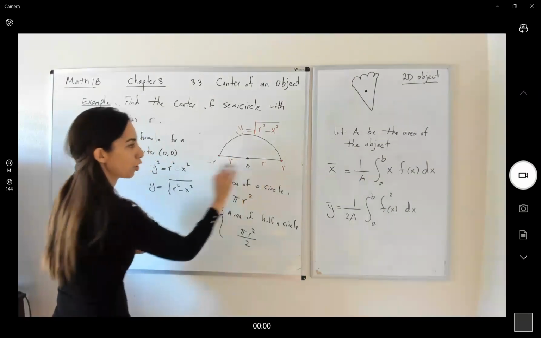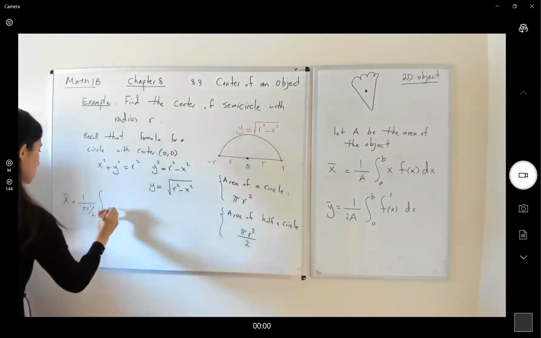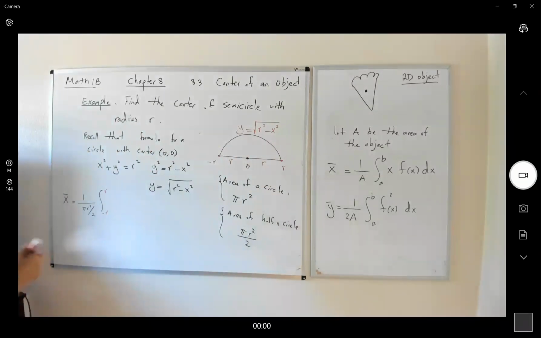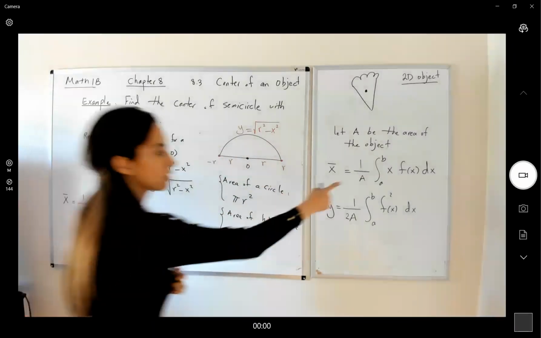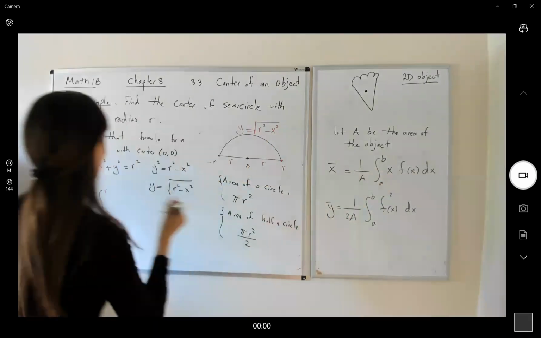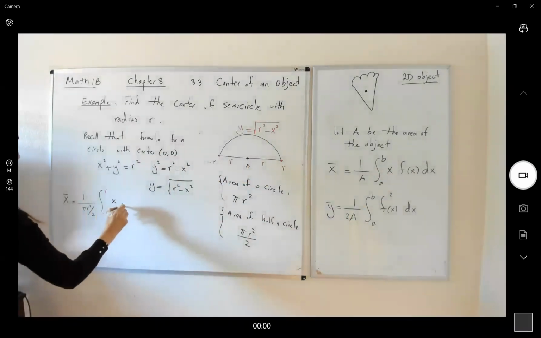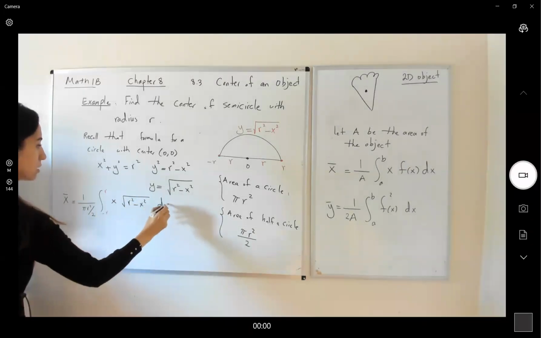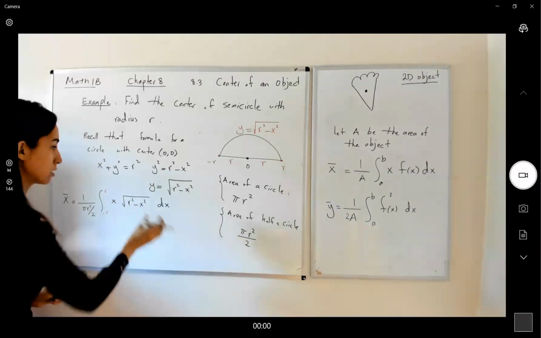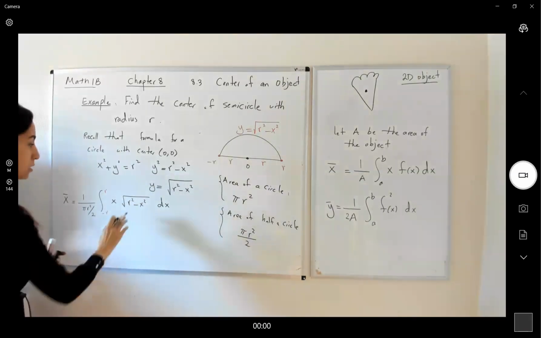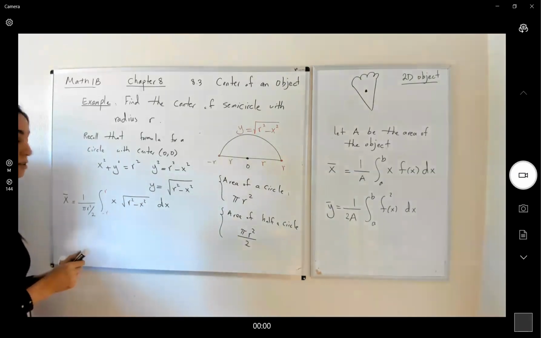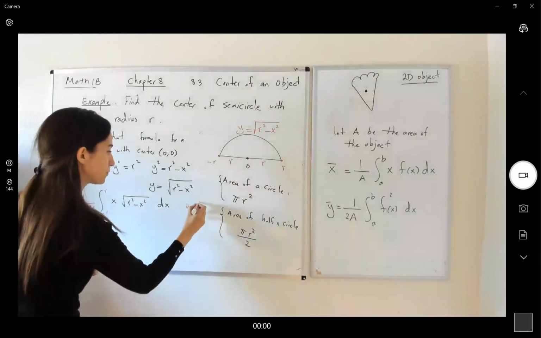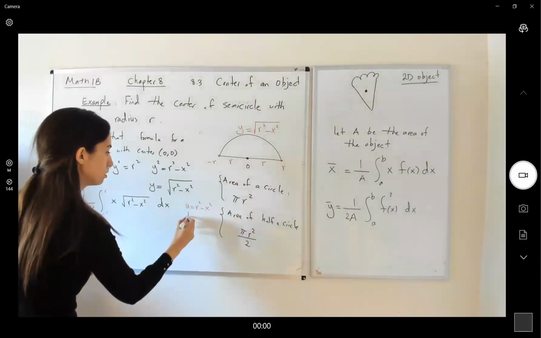And remember that we have symmetry here. Inside the integral, you have x times the square root of r squared minus x squared dx. You're lucky here. You can use u sub. You can take u as r squared minus x squared and be done with your integral.